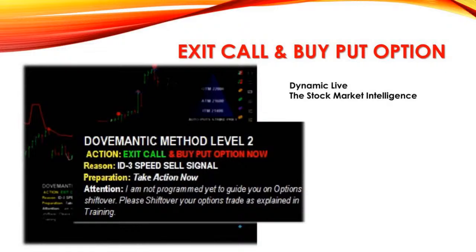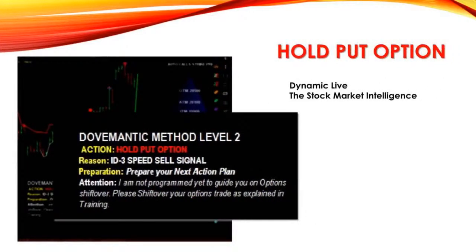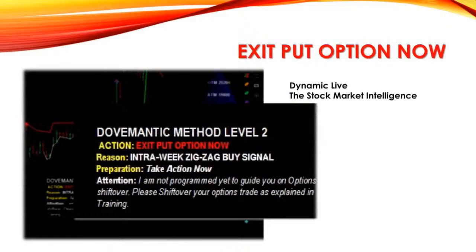And in this case, it has not only told you to exit call, it has also said exit call and buy a put option, because it strongly feels that the price is going to decrease now. And once you buy a put option, later it itself will tell you hold put option. And finally, at some point, it tells you exit put option now. So the complete information is given by the Dynamic Live itself after looking into all the factors. So your job is to simply follow whatever it tells you to do.